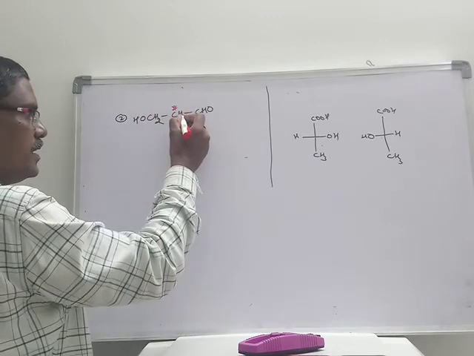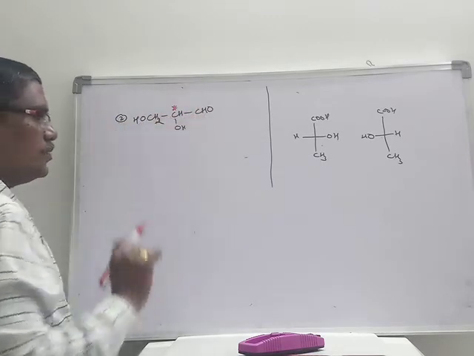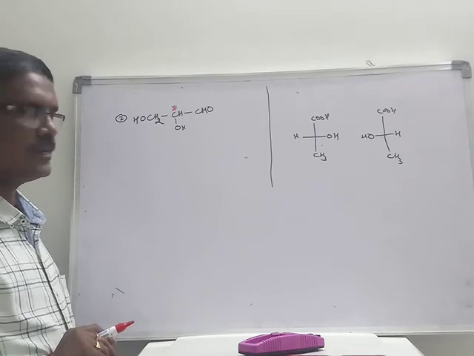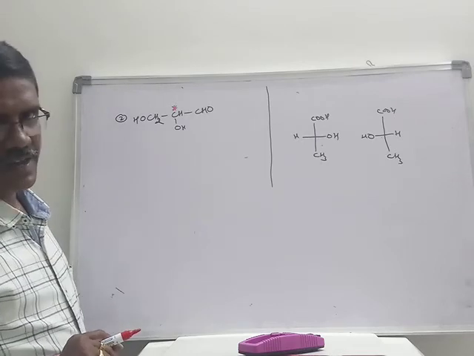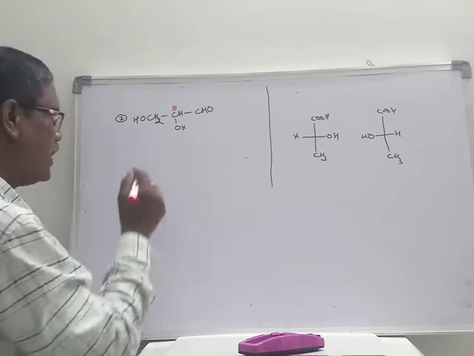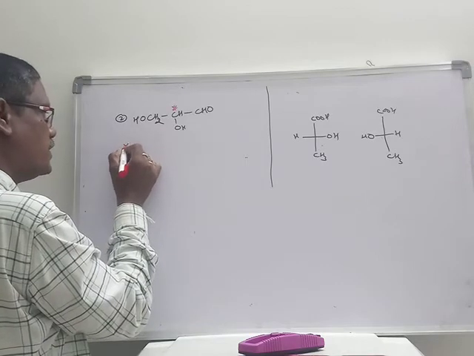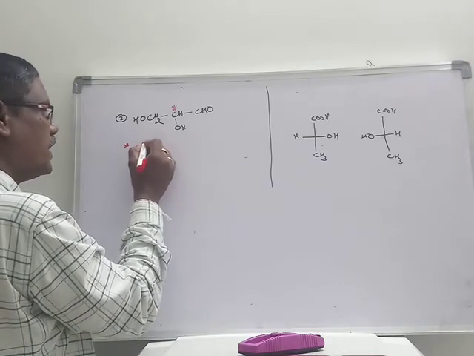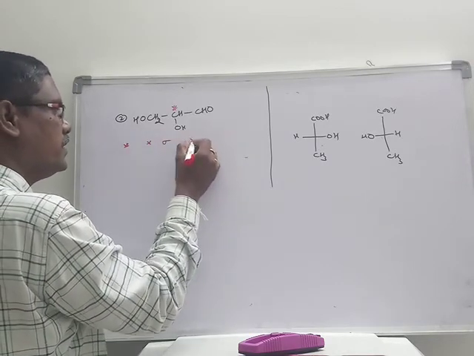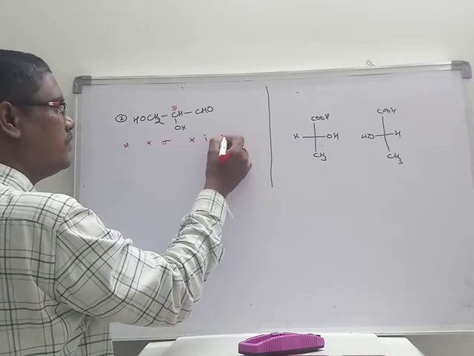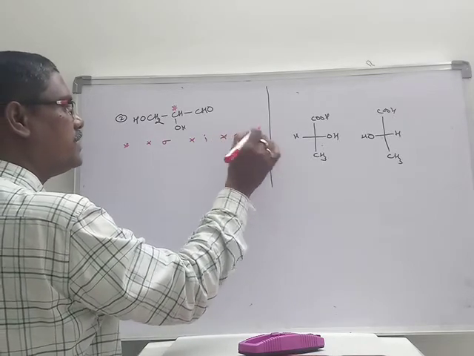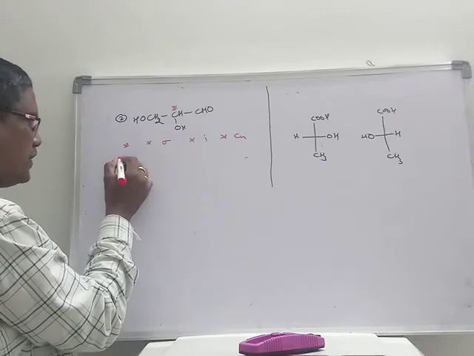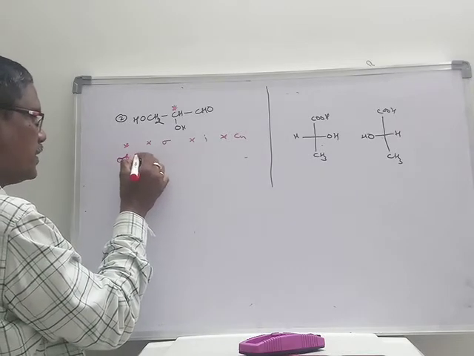This carbon contains H, OH, CHO, CH2OH, four different groups. That's why it is called a chiral carbon. One chiral carbon is present, so the first point is satisfied. Second point, sigma absent. Third point, I absent. Fourth point, Cn absent, Sn also absent. That's why it's optically active.